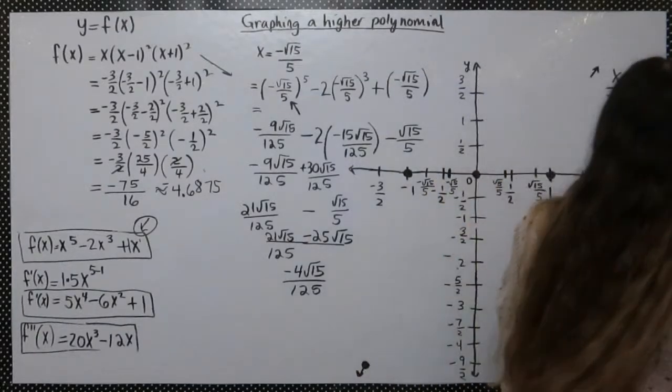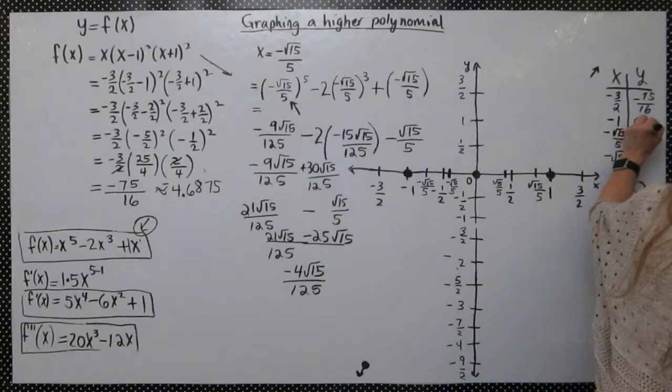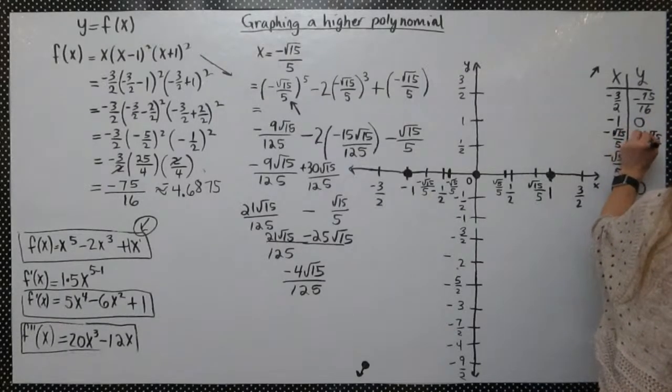Wow, that was a lot here. Negative 4 radical 15 over 125.